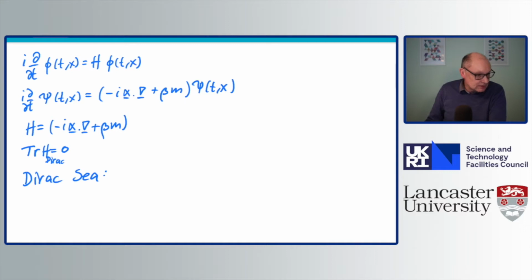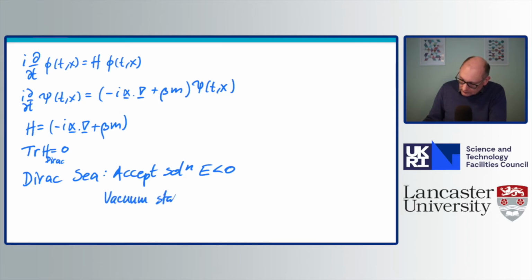So the Dirac sea is to accept solutions with energy less than 0, but say that the vacuum state is that with all states with negative energy already occupied.